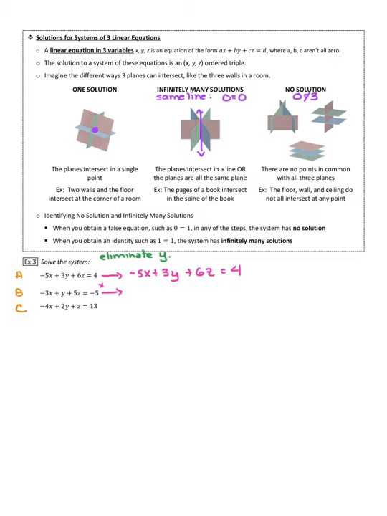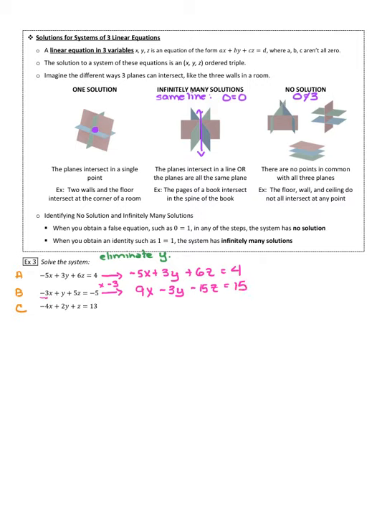I want that second y to be a negative 3. So I'm going to multiply everything by a negative 3. So that's going to give me negative 3 times a negative 3. That's going to give me 9x minus 3y minus 15z equals a positive 15.